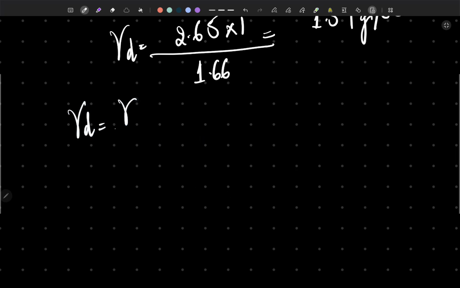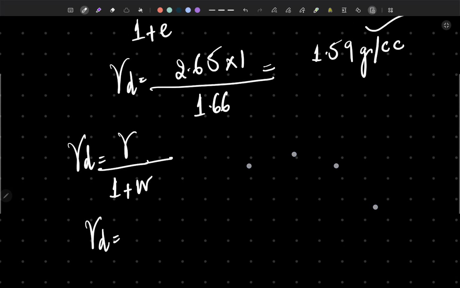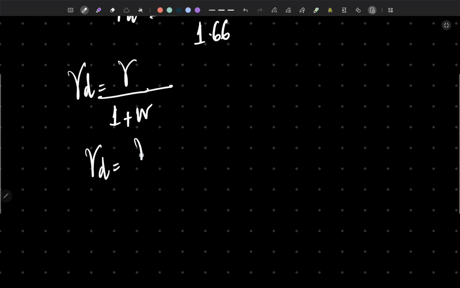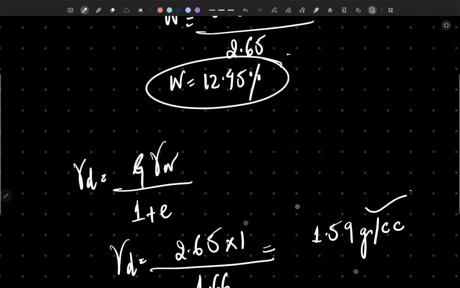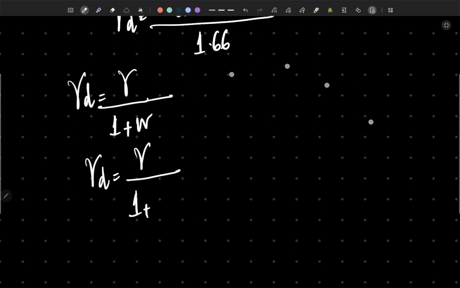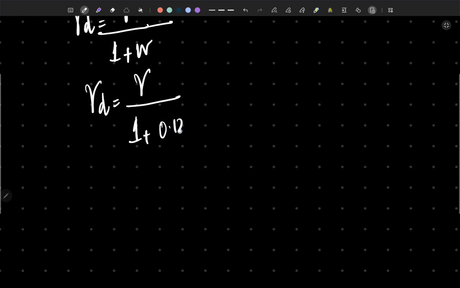Then I'll be finding the bulk unit weight as well by using this equation. Dry unit weight is bulk unit weight divided by 1 plus water content. So the dry unit weight is bulk unit weight, the parameter that we need to find, divided by 1 plus water content, 12.45%, that is 0.1245. This I have calculated.